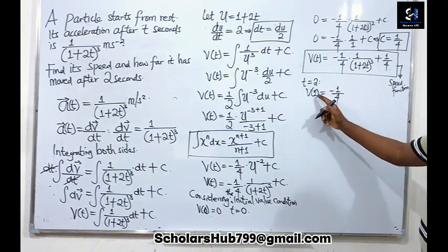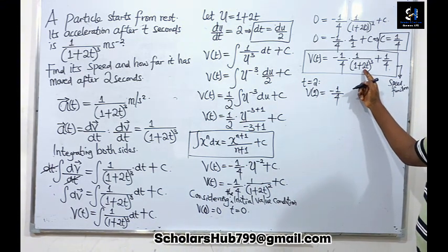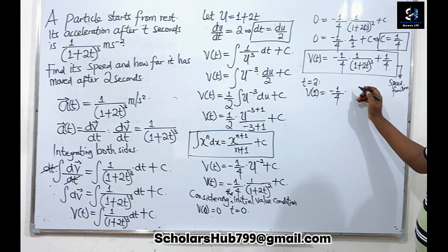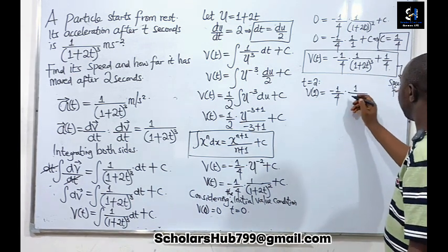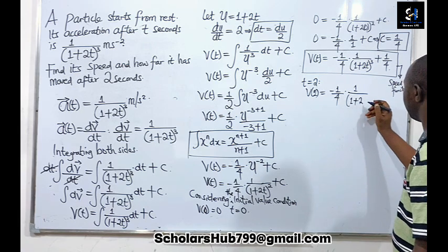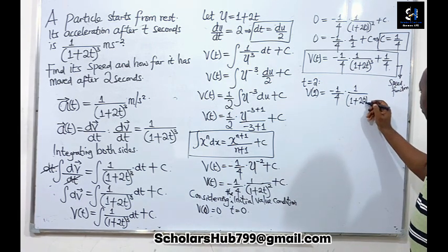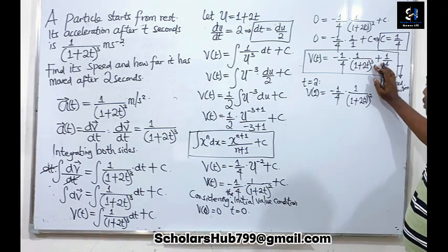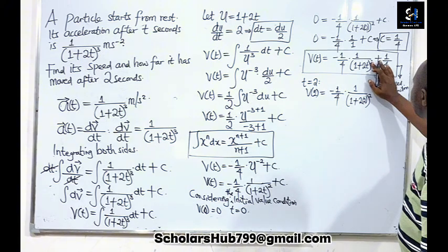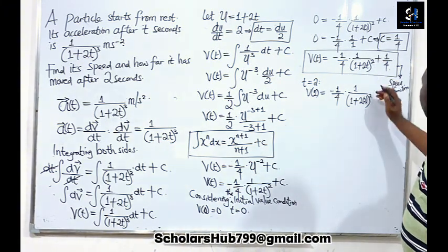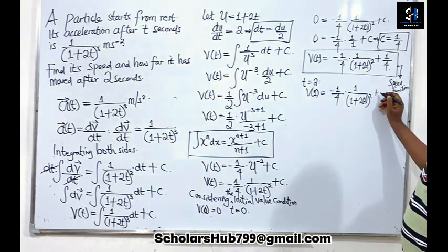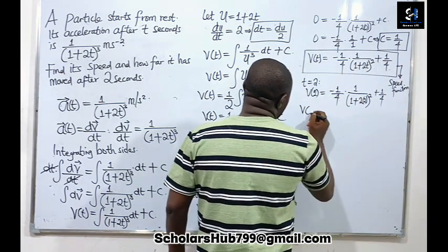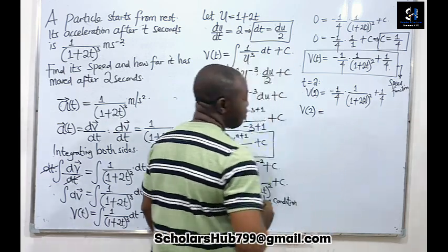So I'm going to substitute 2 for t, multiplied by 1 over (1 plus 2 multiplied by 2) raised to the power of 2, then plus 1 over 4.